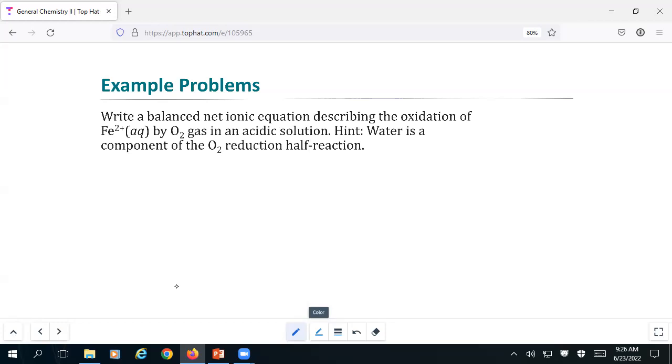Now, this one's different just because we're being given less information. But there are some hints that we can go off of that will help us along the way. We're talking about the oxidation of iron 2 plus.